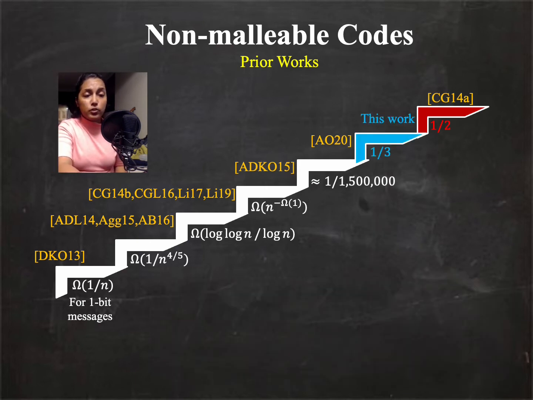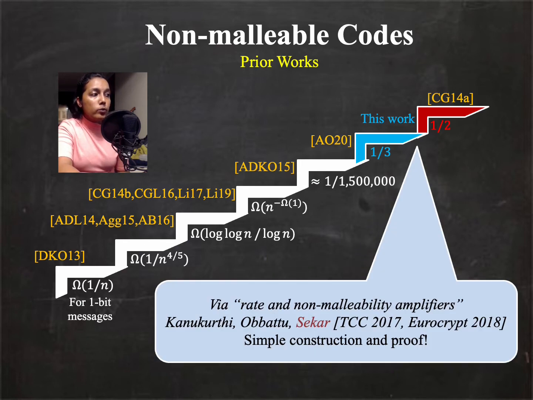And that brings me to this work of ours, which builds a 1/3 rate non-malleable code, thus improving on the prior rate by a huge factor and giving us a near optimal rate. We managed to do this via a new proof and construction technique called rate and non-malleability amplifiers.